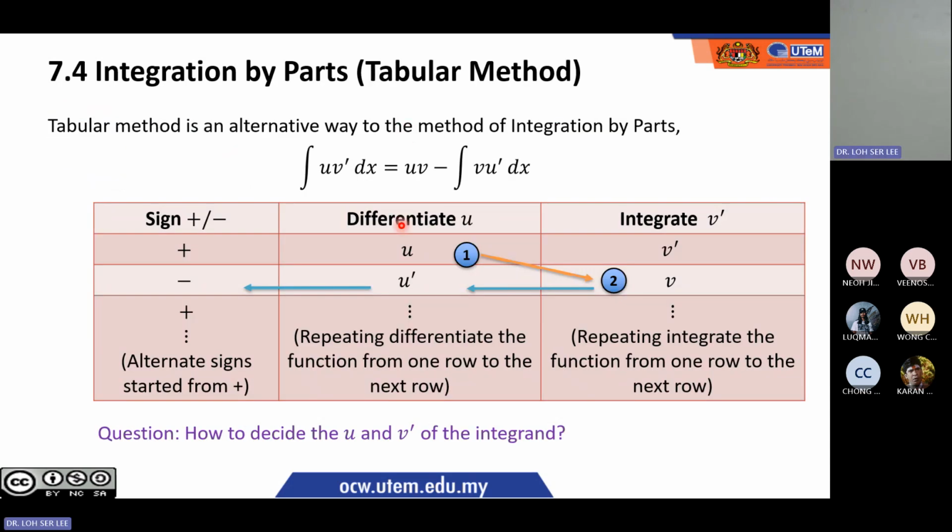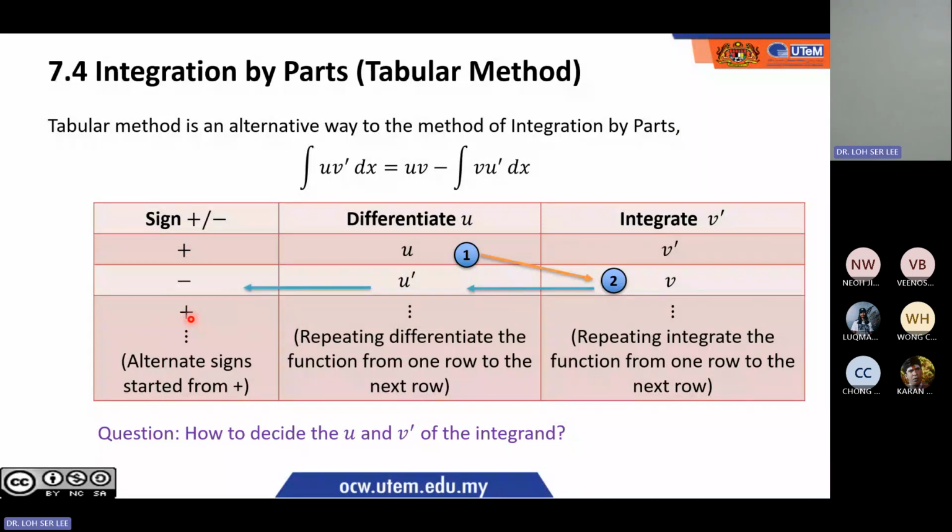Then for this u, we will repeatedly differentiate until we get 0. This one we will repeatedly integrate, and we will stop at the same row as the 0. And you need to have alternating signs. It will always start from plus, minus, plus.